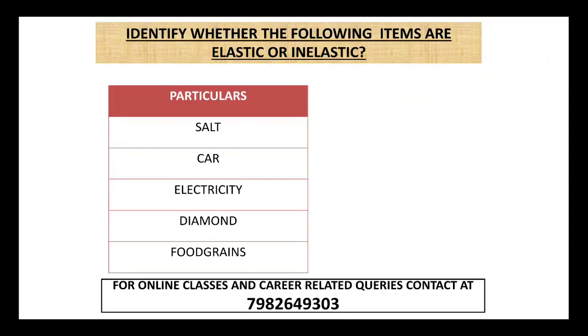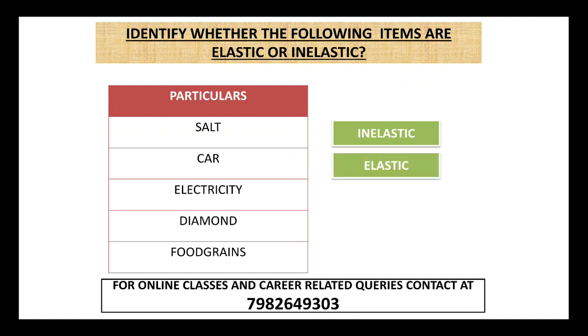Okay, there's one more question over here. Since we have done all the factors, let's now analyze one by one, in order to wind up the session. For salt, what kind of elasticity will it be? Salt is a necessity, therefore inelastic. Car is again a comfort. For some it might be a comfort, and some luxurious brands will again be a luxury, so the demand will be elastic.